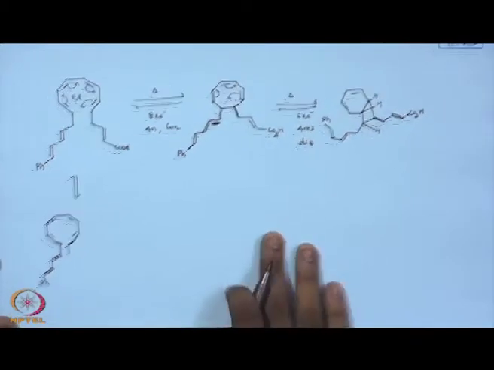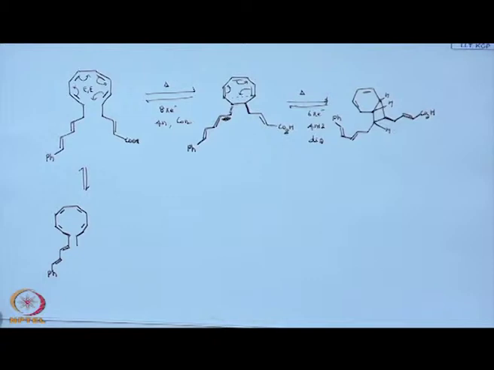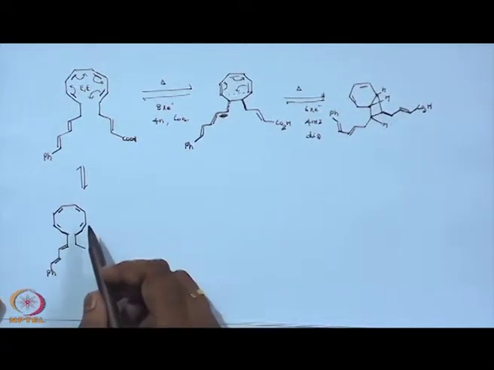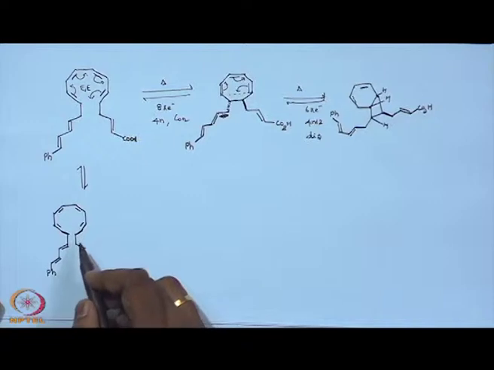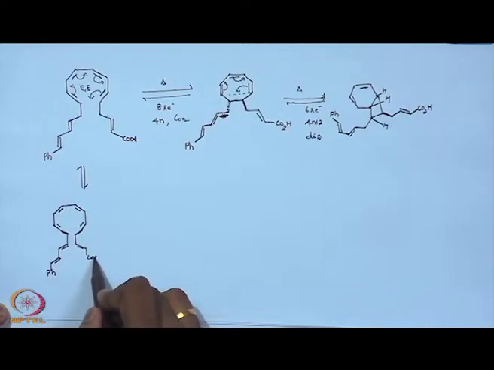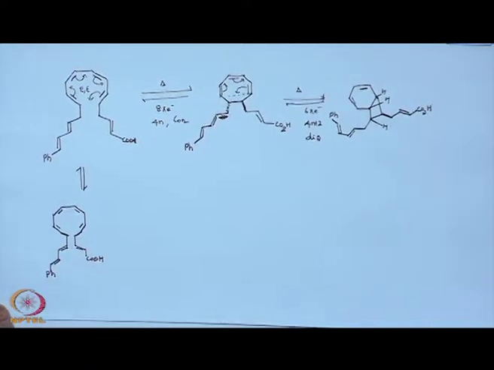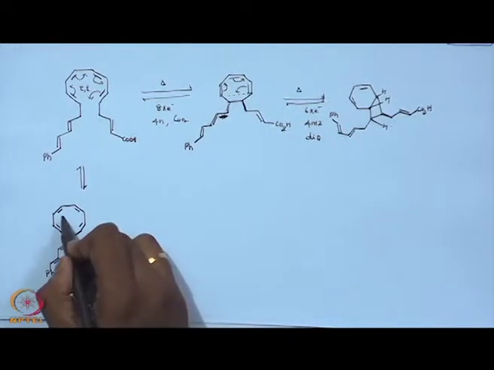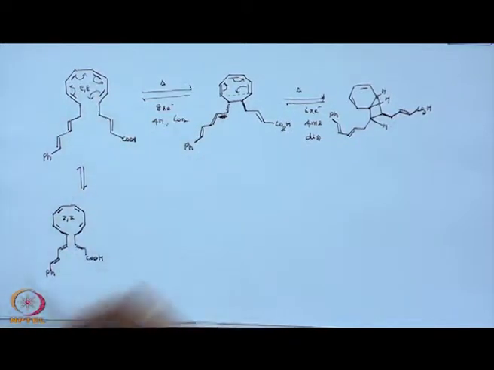You have a phenyl here. Then the next part of yours will be a double bond with a COOH, right? So you have this part. This is your E and this is your ZZ form.